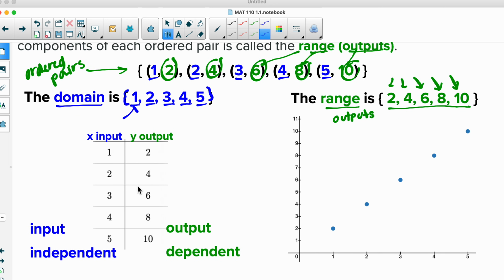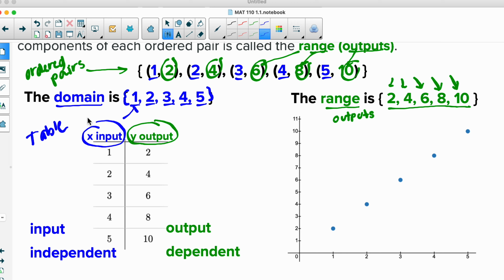We can also represent inputs and outputs or functions using a table of values. And we'll do this quite a bit in this course as well. So I can create a table. Here I input my x values, and then I output my y values.